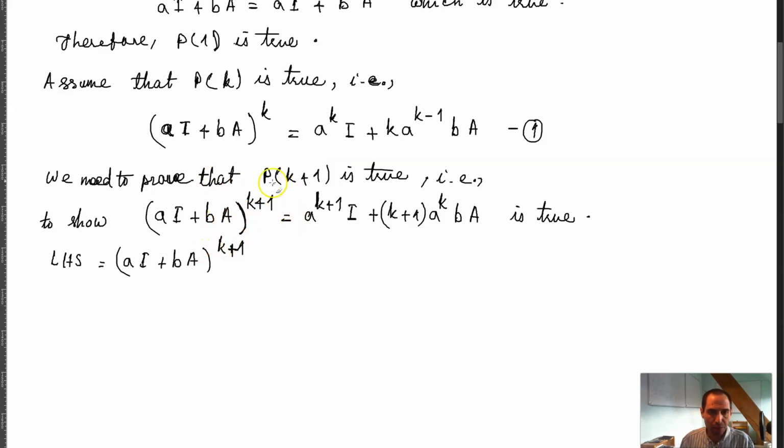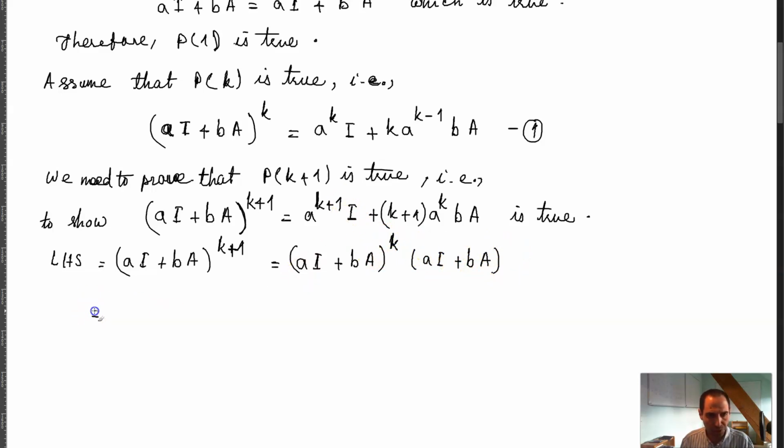Now I can write this as (aI + bA) raised to the power k, and I have an expression for that here, times (aI + bA), and that would be (aI + bA) raised to the power k+1, right?